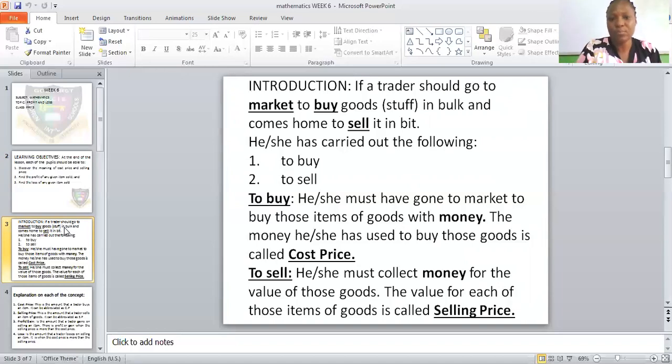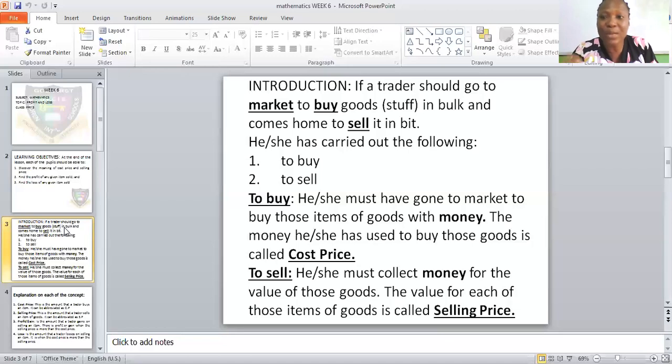The money he or she has used to buy those goods is called cost price. Now, to sell, another thing the person is doing is that he or she must collect money for the value.